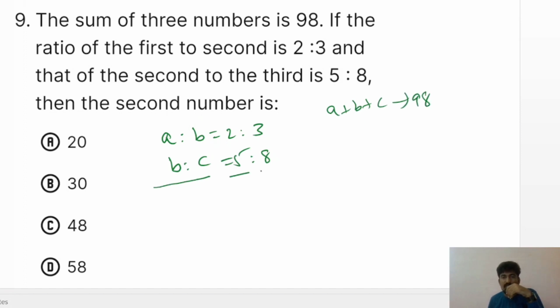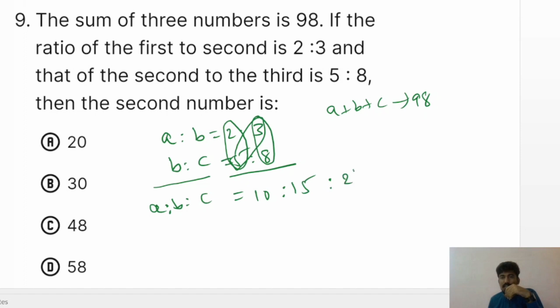So A is to B is to C: A value comes from 2 into 5, which is 10. B value comes from 5 into 3, which is 15. C value comes from 3 into 8, which is 24.